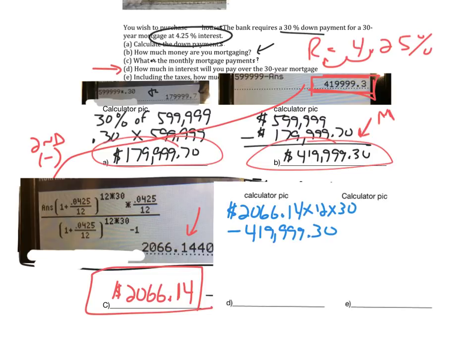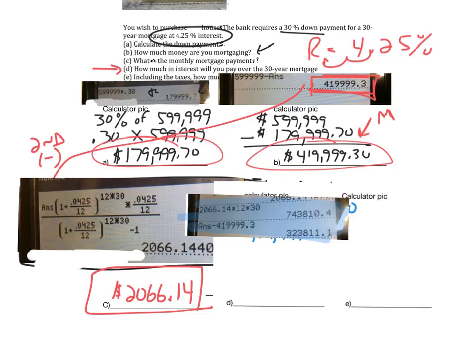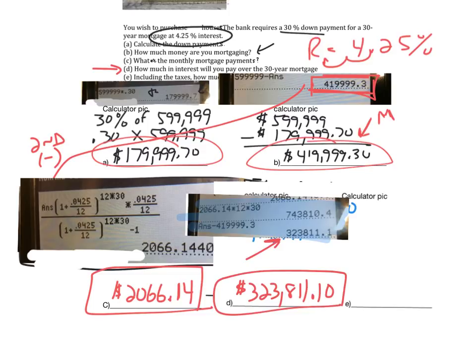And that's going to tell us how much in interest we're going to be paying. So here in interest, $323,811.10. Again, make sure you're including all of these calculator pictures, all of your work on this video lesson.